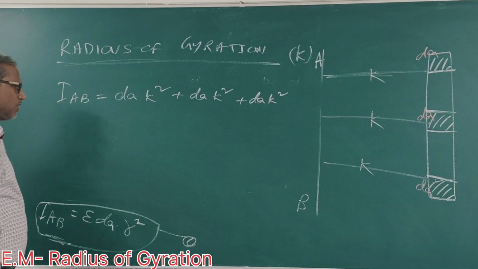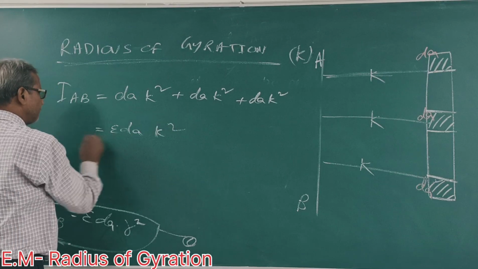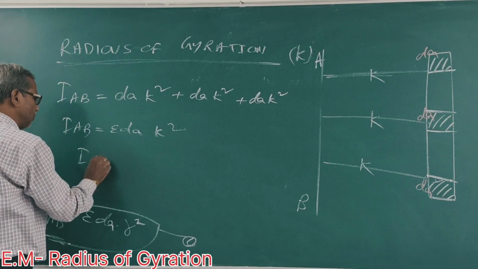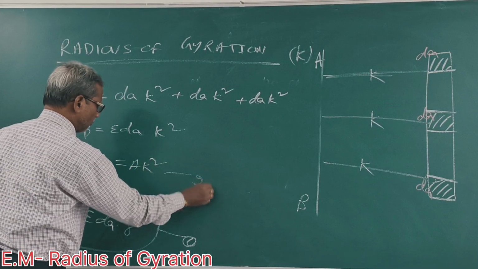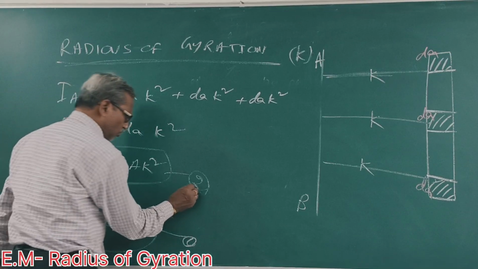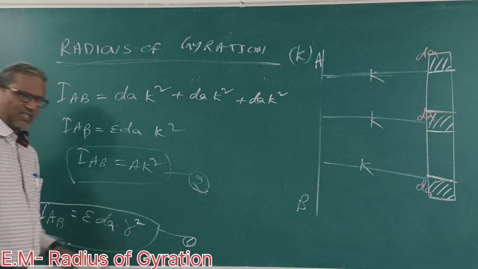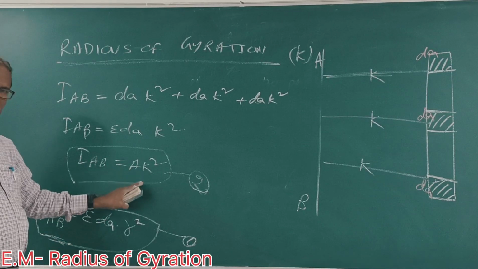So this is sigma dA k square. IAB is equal to A k square. This is equation 2. If equation 1 is equal to 2, if in both cases the value of I remains constant, then k is called radius of gyration.